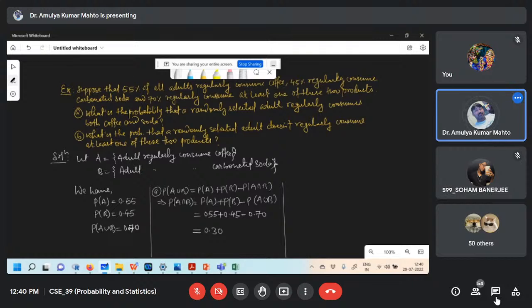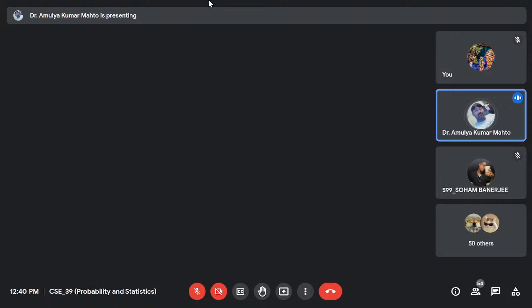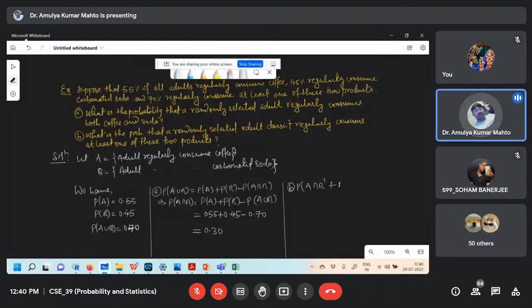It's like saying the probability of A intersection B dash, either consumes A only, means this first one, plus A dash intersection B, only B, plus not both, A union B dash. So this is the scenario.